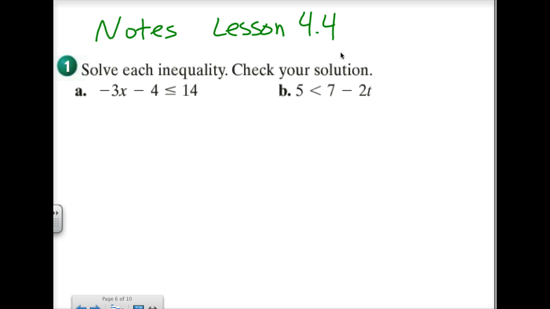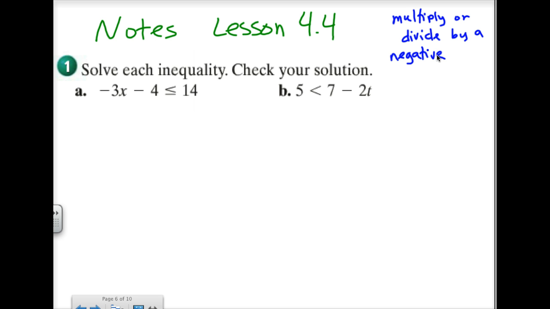So looking at solving our inequalities, it's the same thing that we did for our warm-up, except now you just have the inequality sign. Remember, you do have to keep this in mind. If I multiply or divide by a negative, what do I have to do?